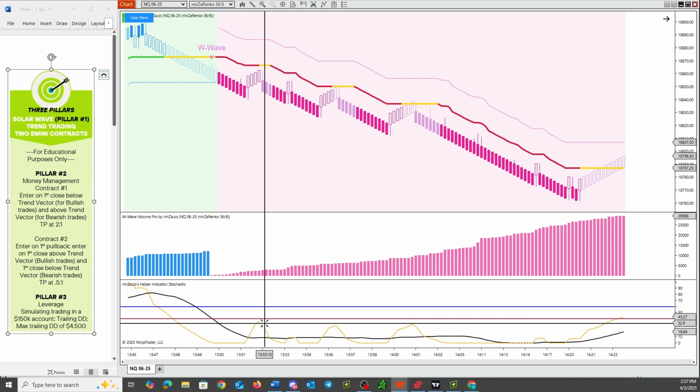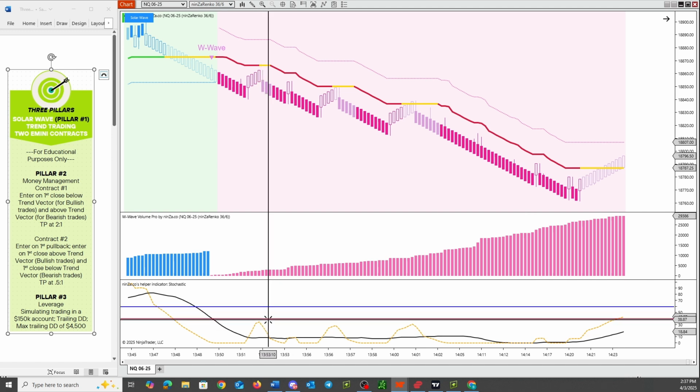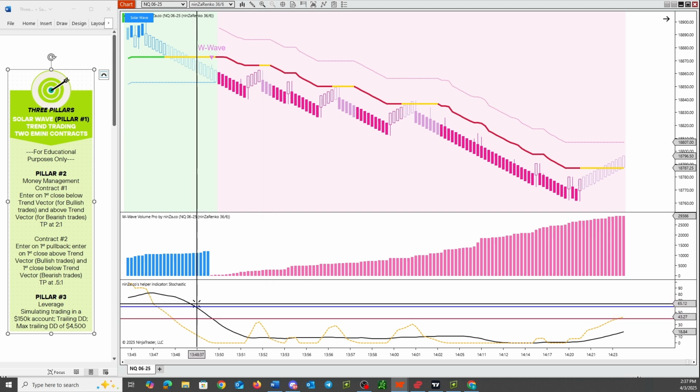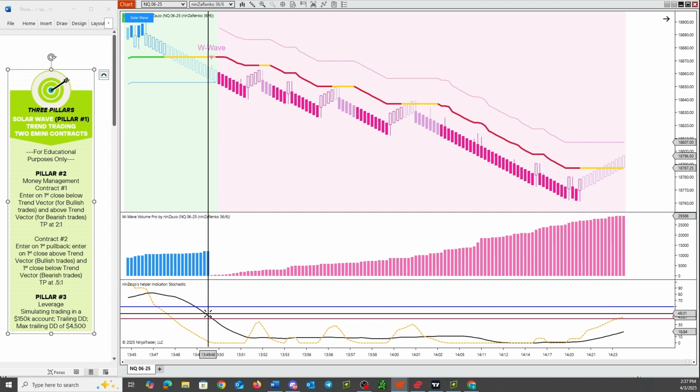Now, the logic is, you see the blue and the red line. So I have the blue line set at 60 and the red line set at 40. So these are my trend thresholds.